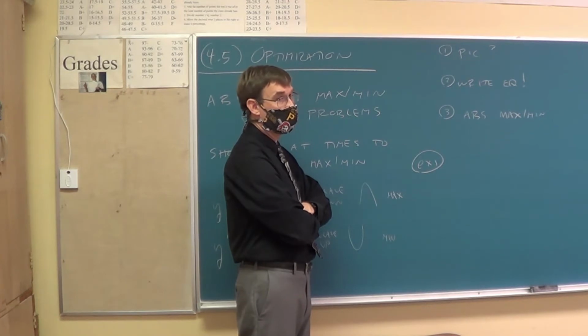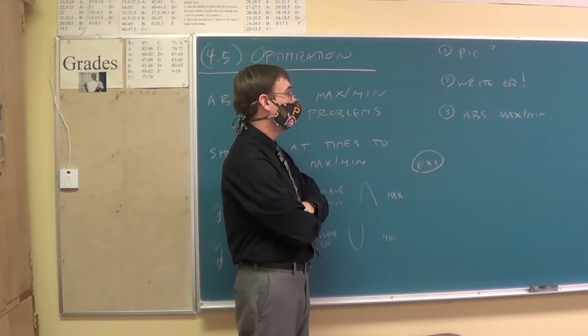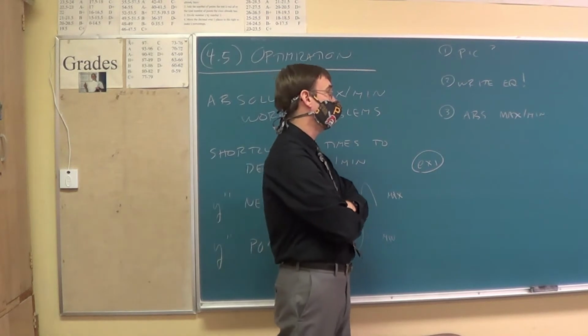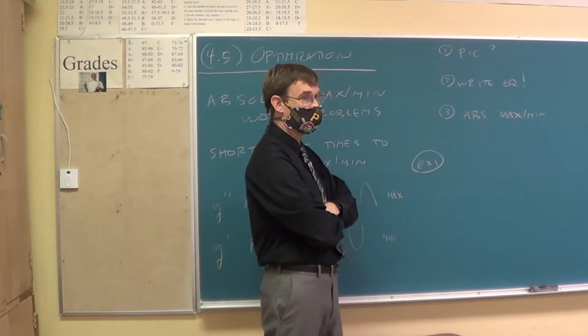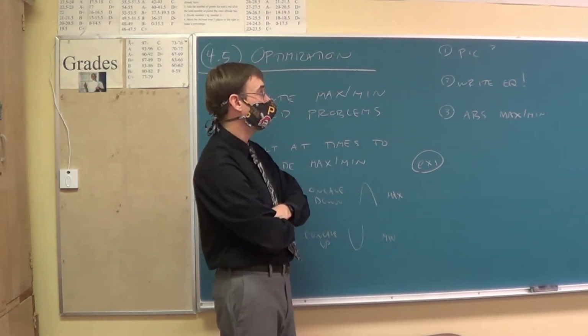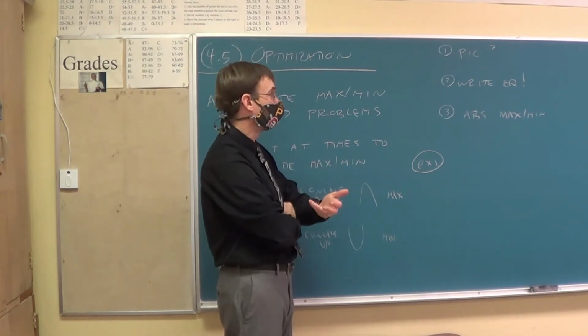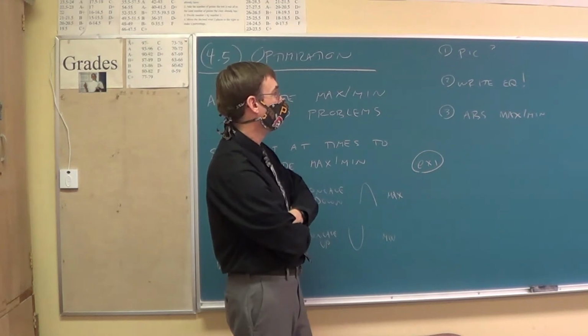It may be hard to write an equation for a story. That's why people get paid a lot of money to do engineering projects. It's not always easy to take the story and figure out what the math even is. It's usually easier to do the math once you have it than it is to create the math. And that sometimes is going to be the hang-up on this.